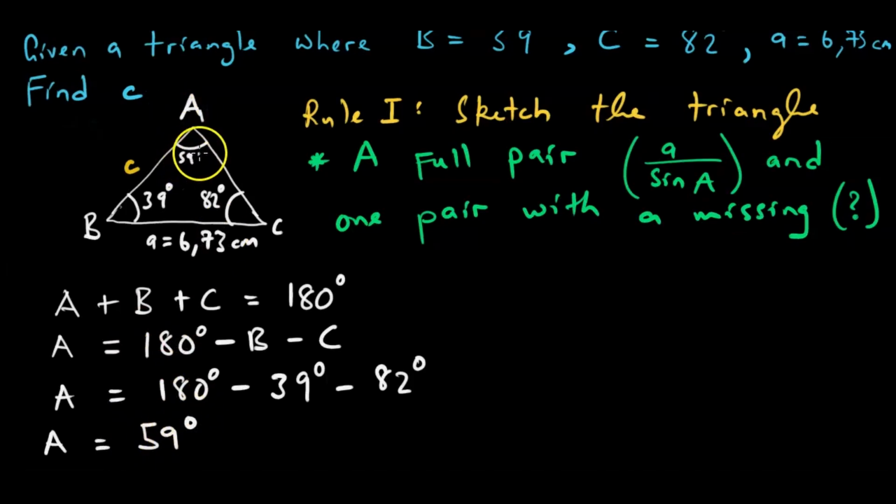Here, it's 59 degrees. We found A because we want to satisfy this condition. We need a full pair. Since we were told that small letter a, which is the side corresponding to A, is 6.73, we need to know what the angle is. You understand? That is why we found A.